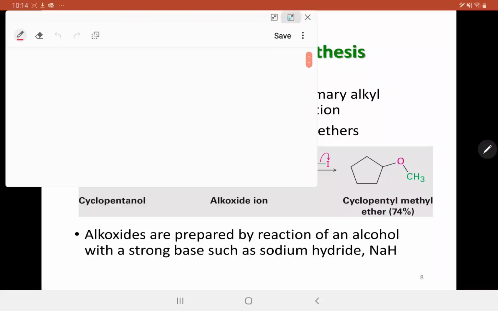Let's say we are going to make an alkoxide ion from ethanol, CH3CH2OH. Here is our ethanol, and then let's use sodium hydride, a very strong base, and a solvent.